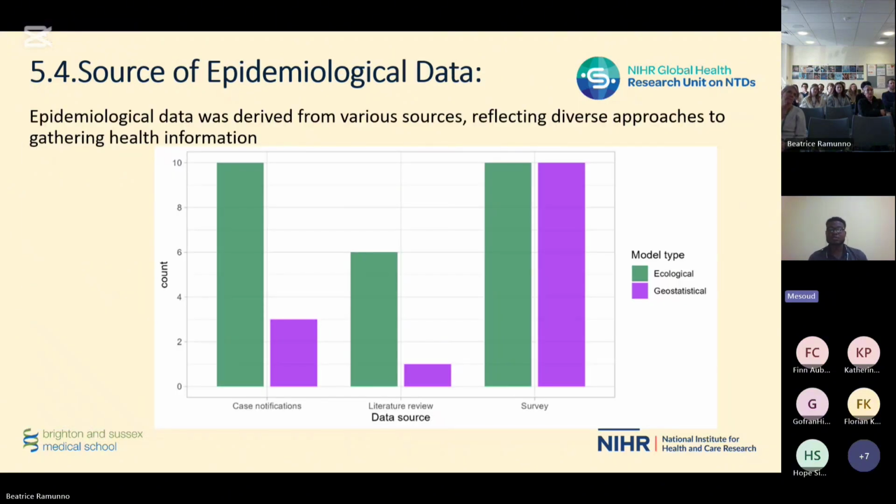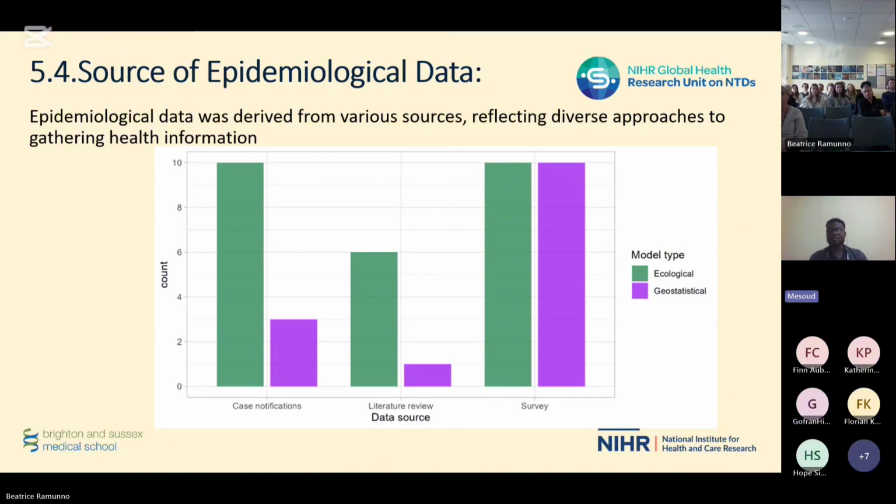What is the source of the epidemiological data? Epidemiological data was derived from various sources, reflecting the diversity of approaches to gathering health information. The chart shows that we summarized the model type and the source of epidemiological data.